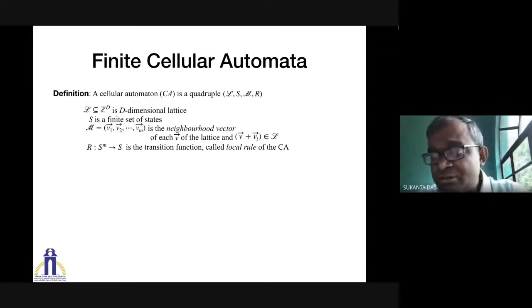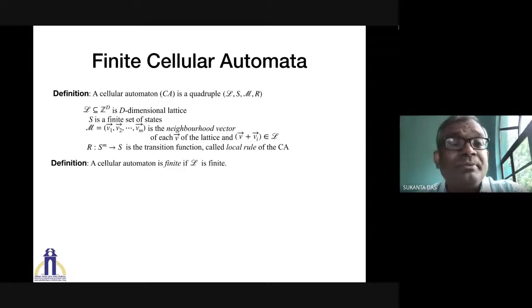With this definition, I can go to the definition of finite cellular automata. A cellular automaton is finite if L is finite. That is, if the lattice is finite, then the cellular automaton is also finite.